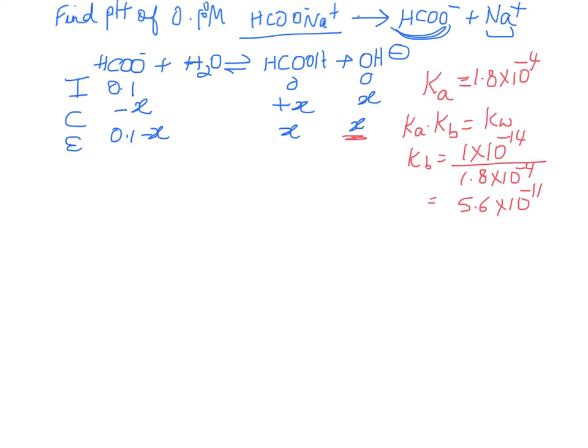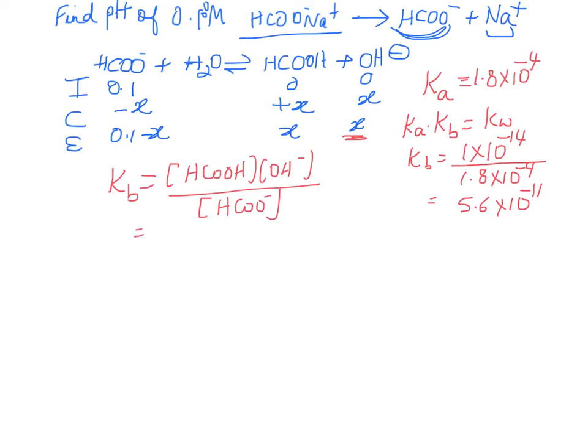Let's quickly take a look. Kb is going to be equal to formic acid concentration times hydroxide divided by formate. And I'm just going to plug in the numbers from my ICE table.